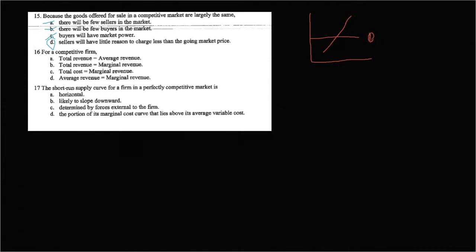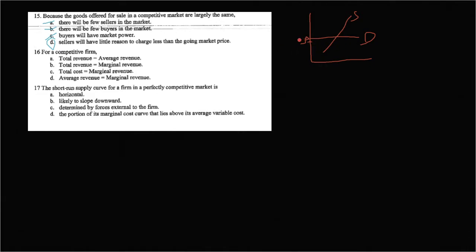This is the demand curve, and this is also the price. And so if we charge less than the price, which is the demand curve, we will not intersect the supply curve.